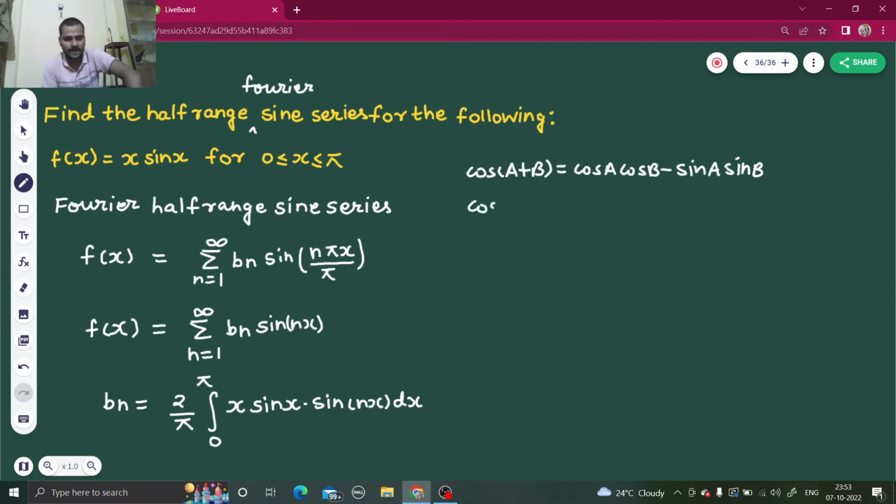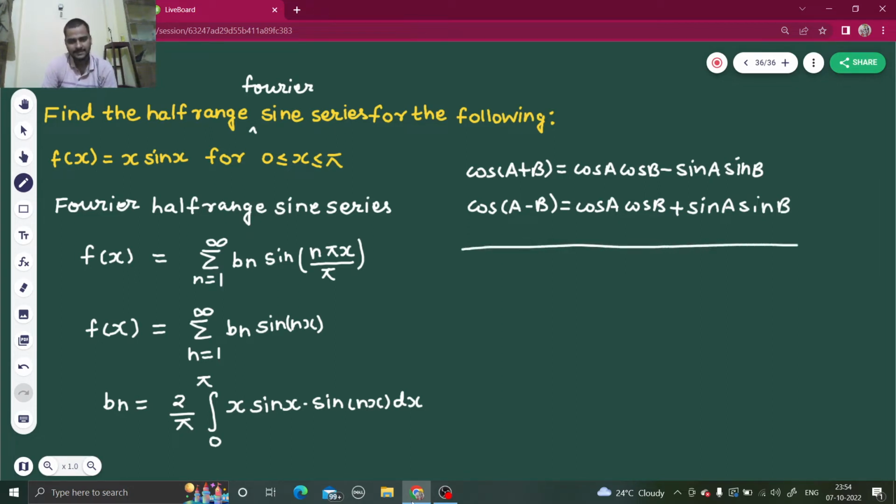And cos(a-b) is cos a cos b plus sin a sin b. Because we want to keep the sine term alive, we subtract these.